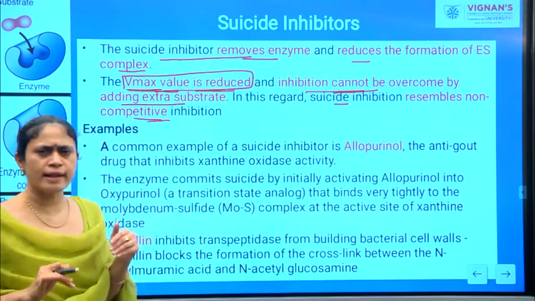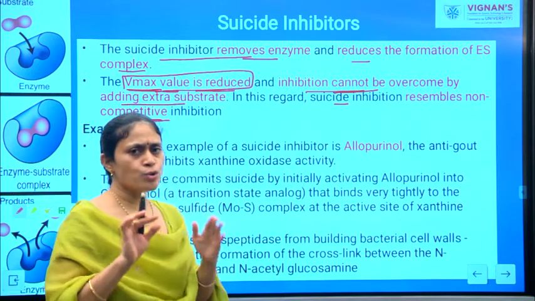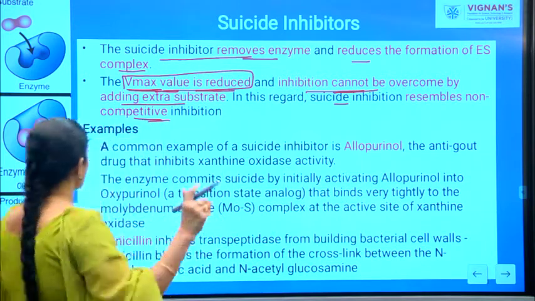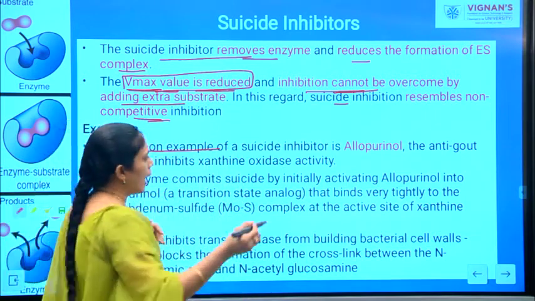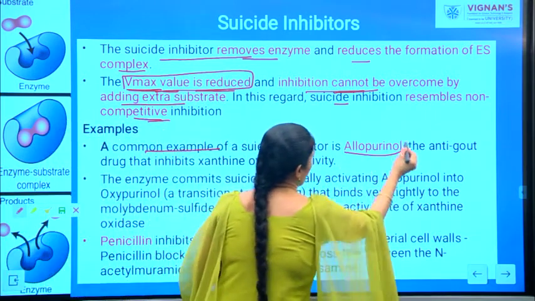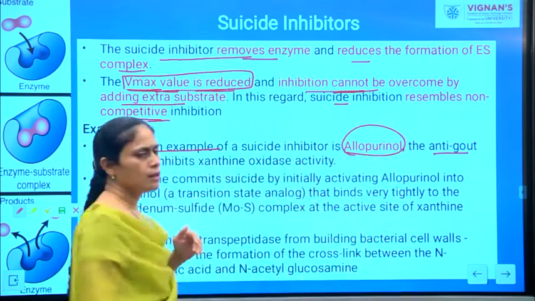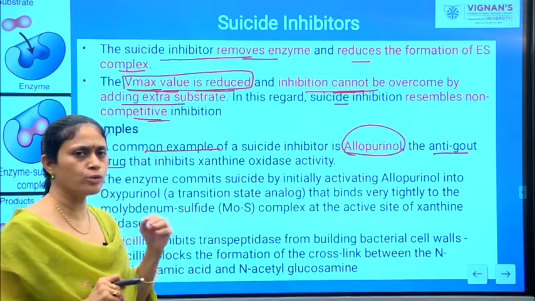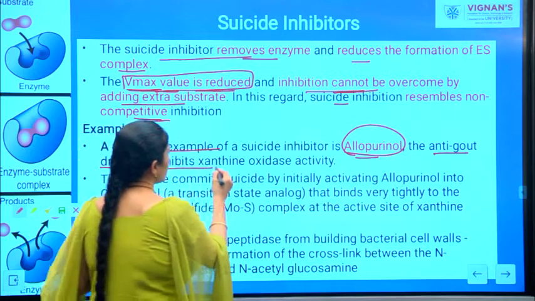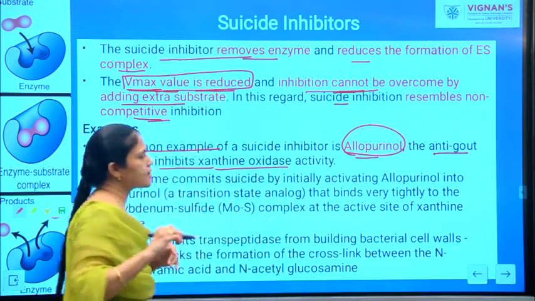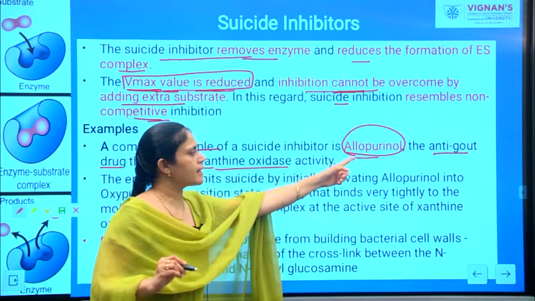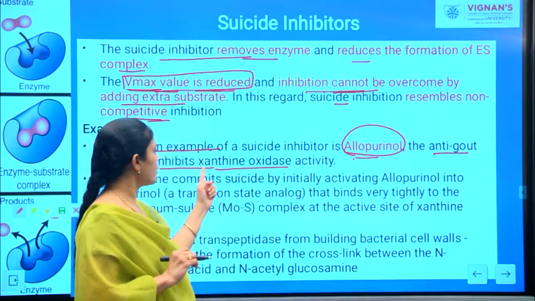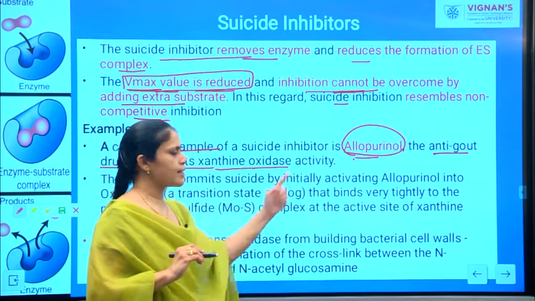Let us see certain examples for this particular suicide inhibition process. A common example is allopurinol. This is used as an anti-gout drug that inhibits the xanthine oxidase activity. This particular component is acting as an inhibitor for the xanthine oxidase enzyme.